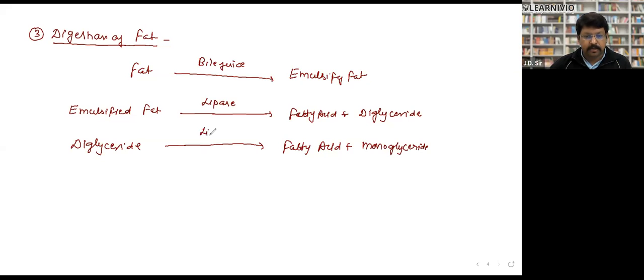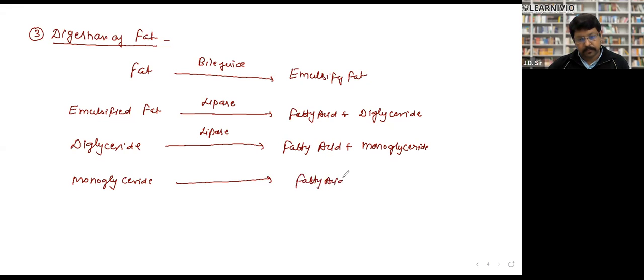Monoglyceride is further broken down into fatty acid and glycerol, with the help of lipase.